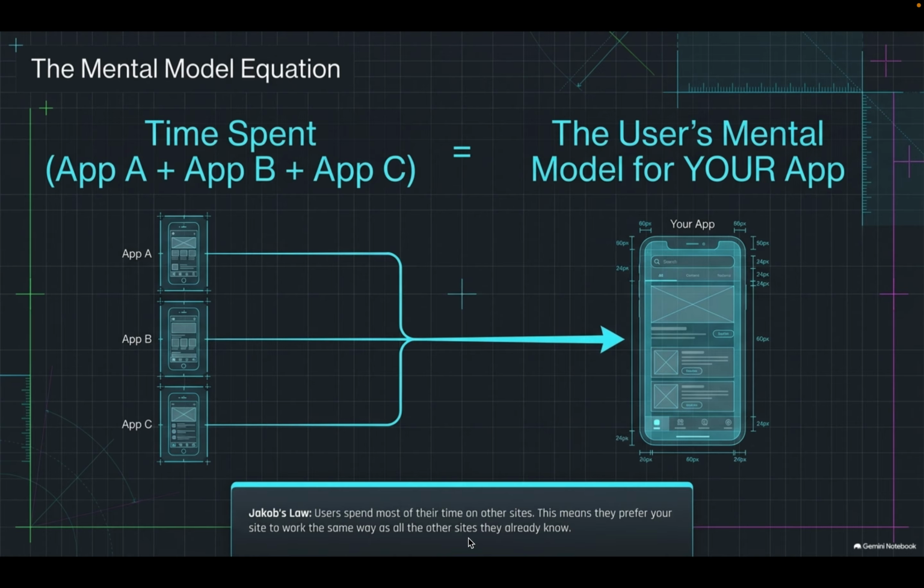So if you see here, we have app A, app B, and app C, right? They look different in their different ways, right? You see app A has a different design, B has a different design, and C has a different design. But there's something that is common within all of these designs. The navigations. You can see that the navigations are common, right? It might be different kinds of icons that we use for the navigations, maybe different buttons and all of that, but that one is common.